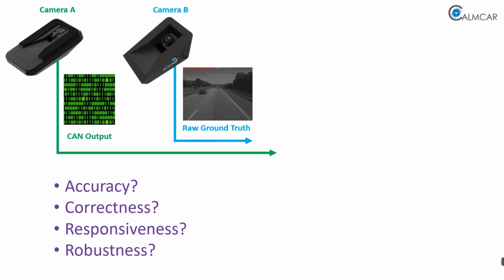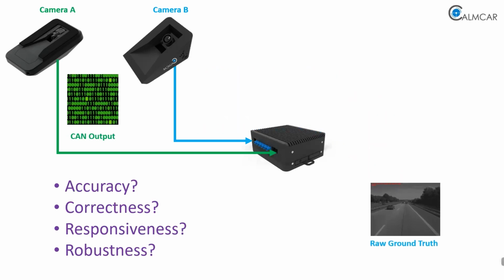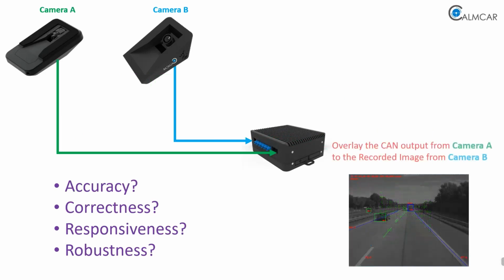At the same time, the CAN output data from camera A will be synchronously transferred and stored to the data acquisition device too. So when you bring the data back to the office, the ADAS development engineer is able to use CalmCar's proprietary benchmark software to overlay the sensing results from camera A onto the images recorded by camera B.